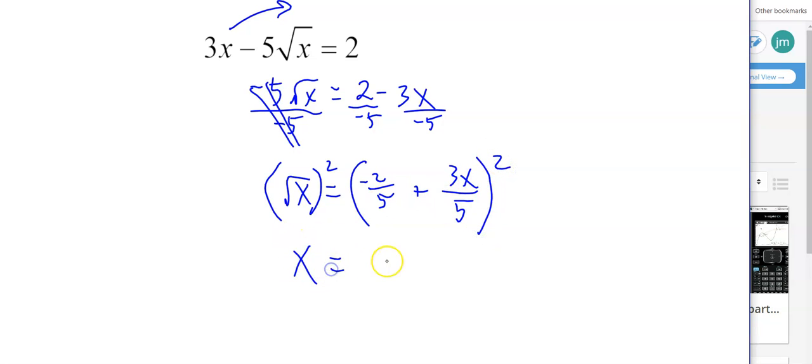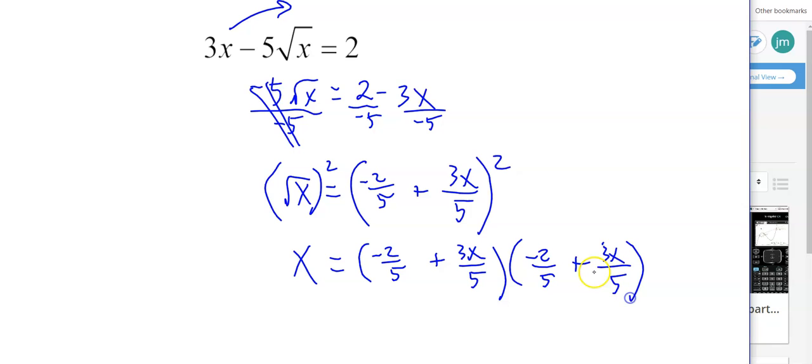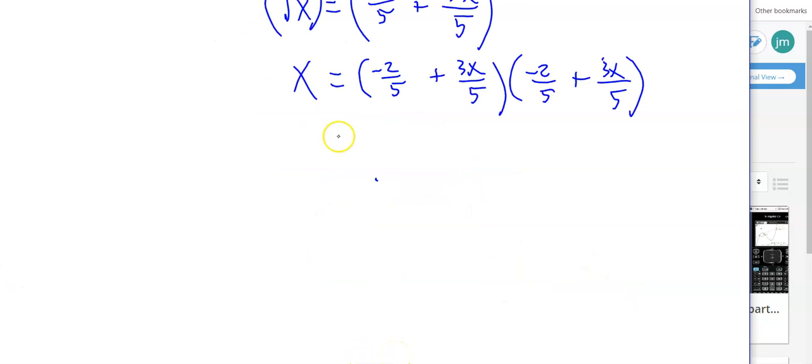So x is going to equal, I'm just going to write it out so we can see it. It might be hard to do in our heads. So we're going to FOIL that with itself, right? And let's see what we get when we FOIL it. So first, outside, inside, last. So first times first would be positive 4/25.